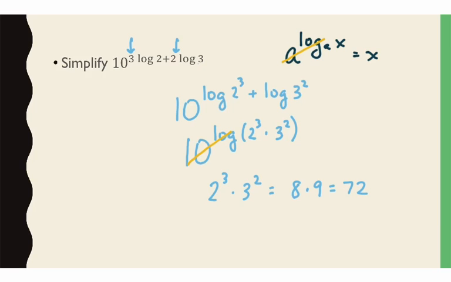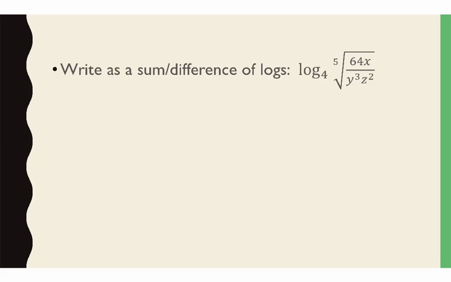So once you get the idea of how these problems can work and how our log rules work for us, they're not that hard to do. But we need to be careful of those illegal things that we're always tempted to do that would get us a wrong answer.